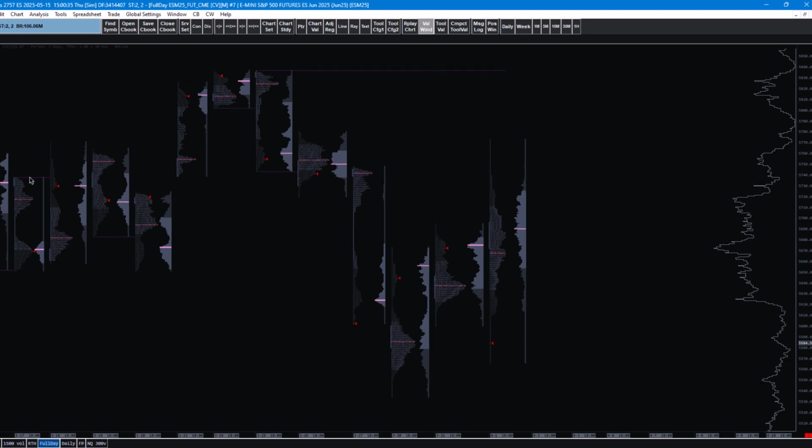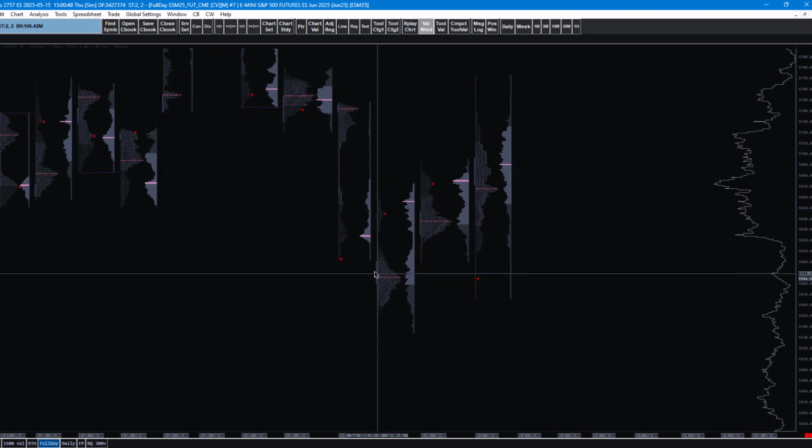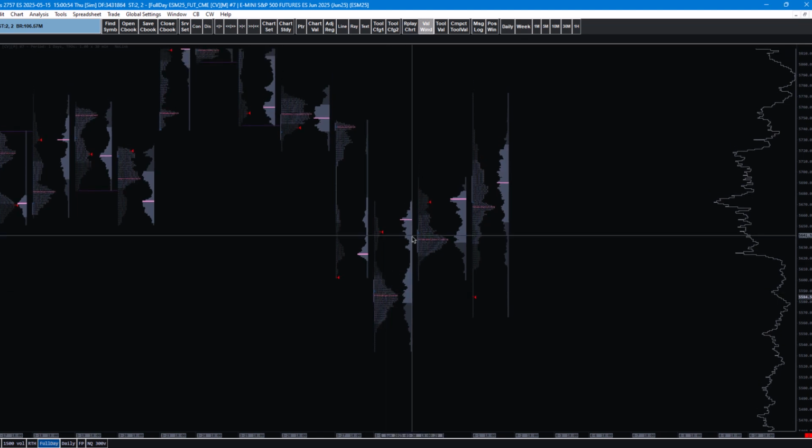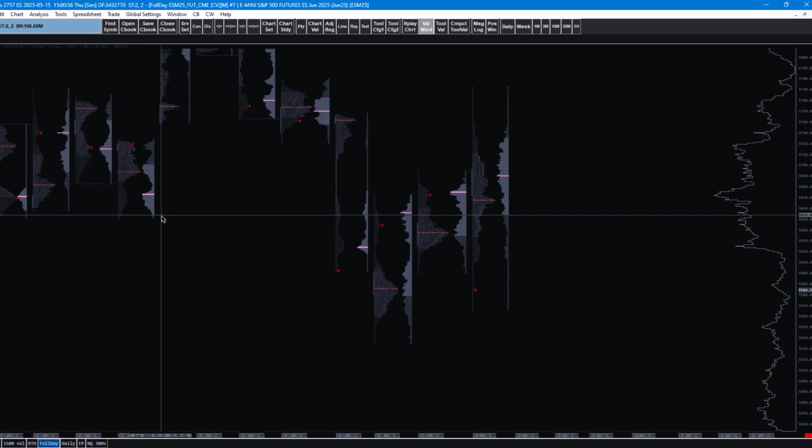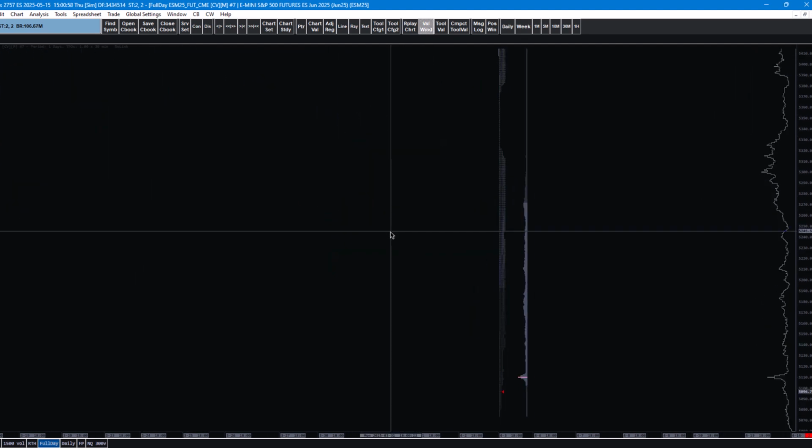Like here, multi-day balance came up, multi-day balance came down, testing this low, or testing the extreme. Here we accepted into it, we broke, kind of just ranged over here, came back, we're looking to accept up here, and it kind of just chopped over there.